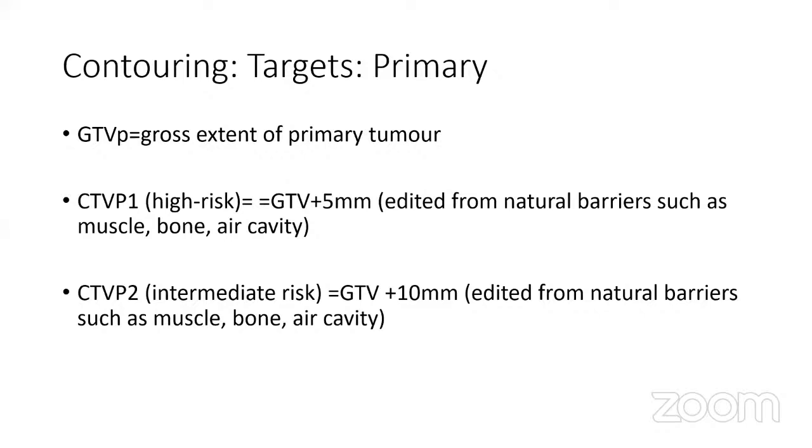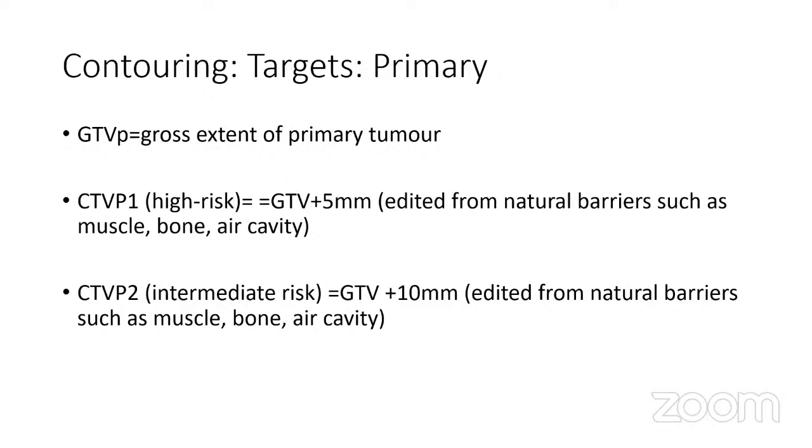Moving on to, if you like, the more interesting part of the presentation, where we're treating supraglottic larynx or node-positive glottic cancers. Again, ma'am has spoken about the two targets, the 5+5 concept, which actually wasn't there when we were first training in conformal radiotherapy.